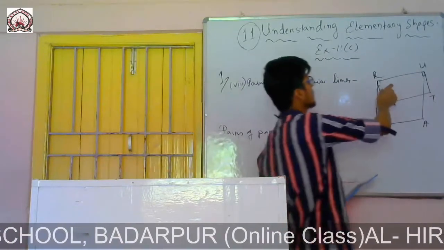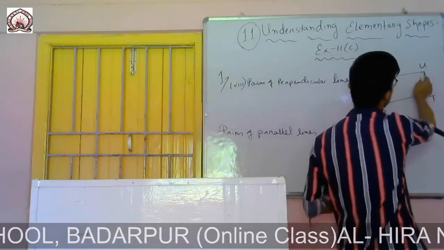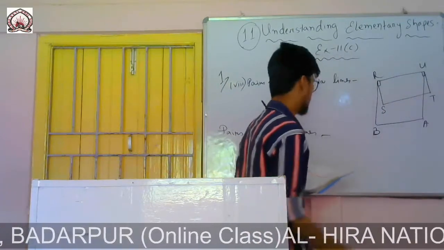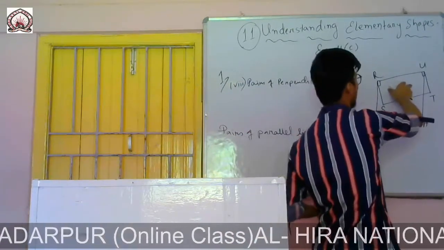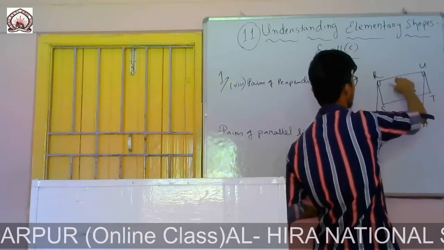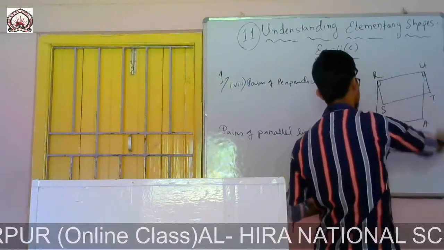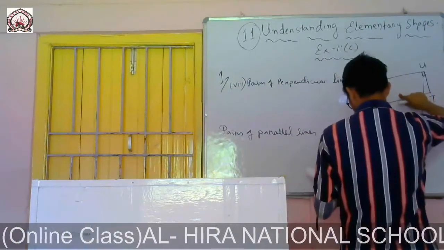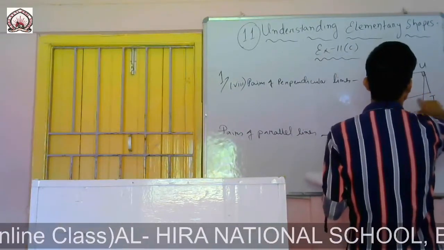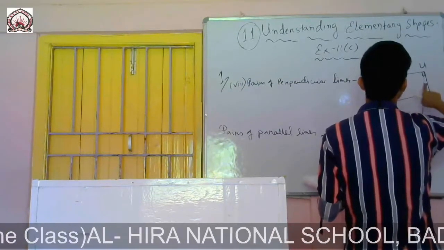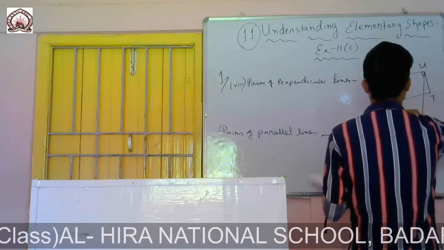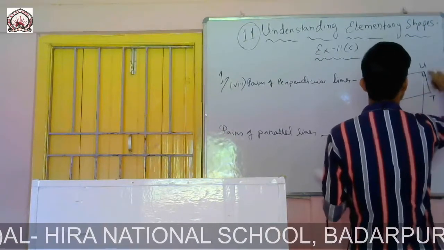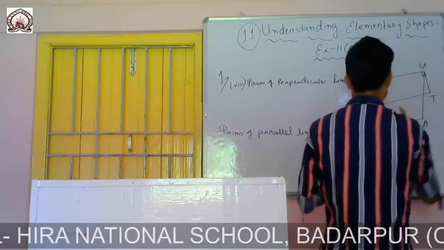It is given in the question that this one is 90 degrees, this one is 90 degrees. That means these two lines are perpendicular. So from there you will get two perpendicular lines. Then parallel lines you see. This side and this side are parallel, this side and that side are parallel.